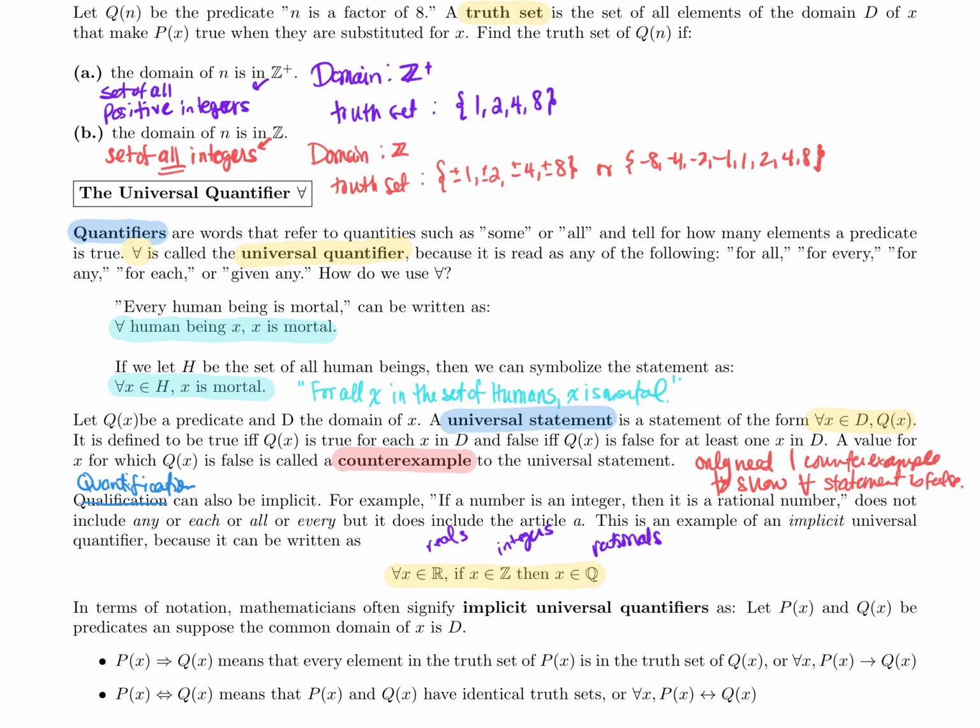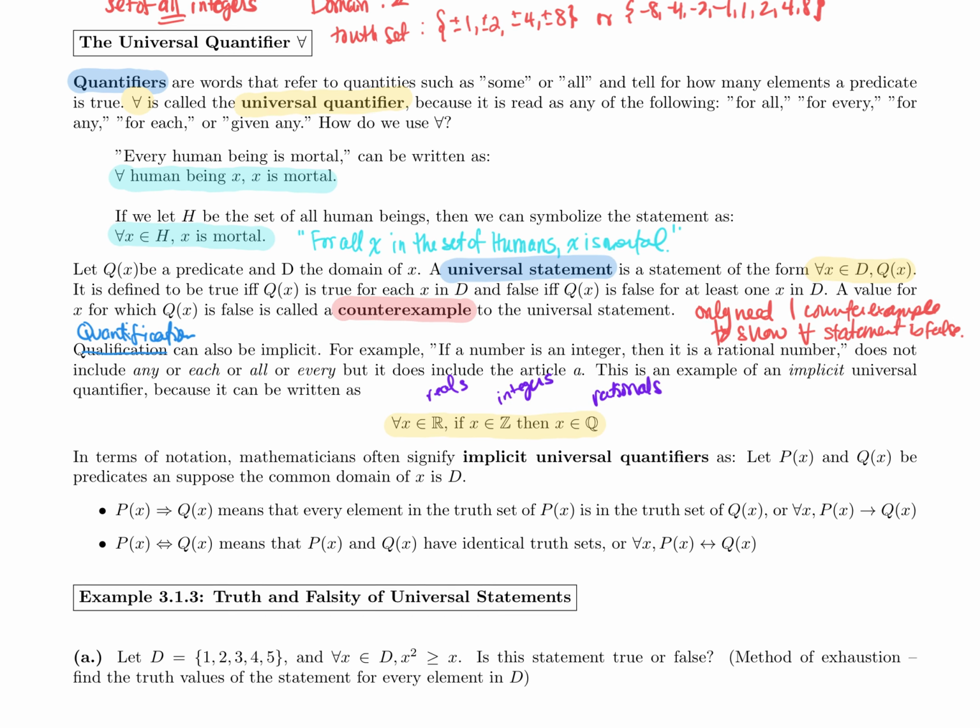And this is what we are saying when we say if a number is an integer, so if x is in Z, then it is rational. It is in Q. But x needs to have a domain. You can't just say if x is in something, then x is in something else, because what is x? We haven't defined it. We can't just throw in a variable that hasn't been declared.